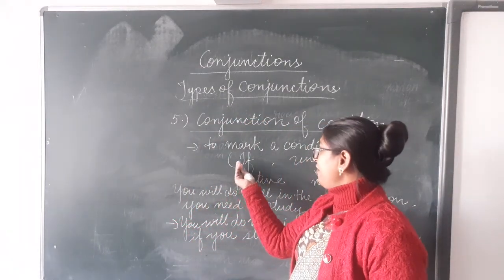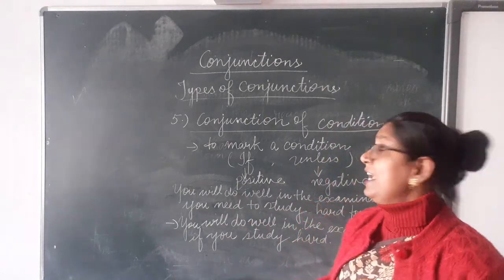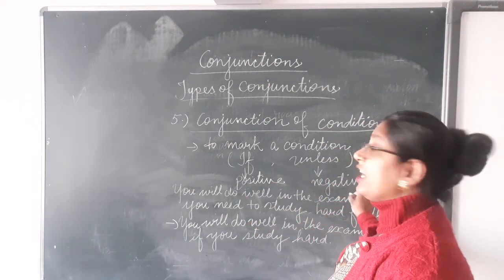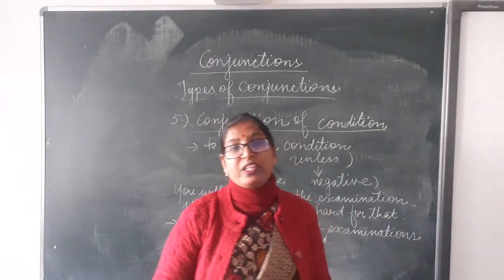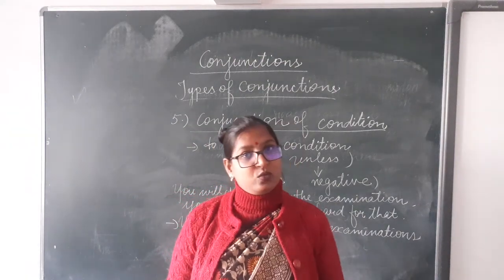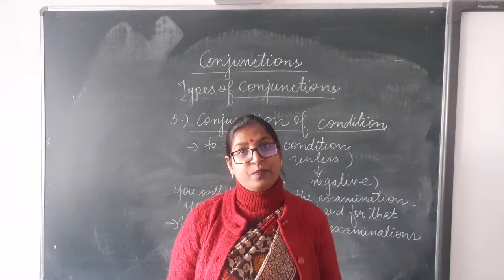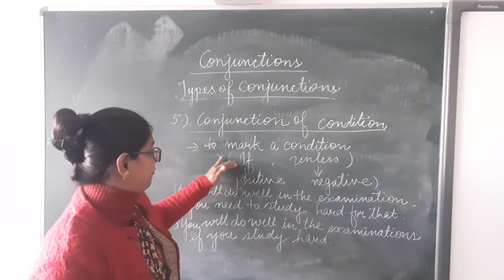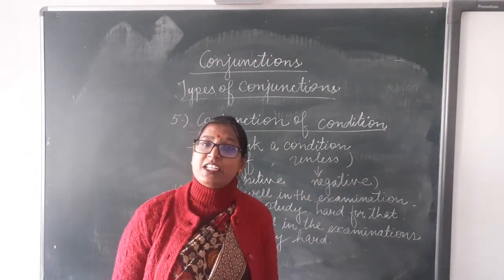We use if for the positive statements and unless we use for the negative statements. Clear? When there is a condition, if you do this, I will do this. Okay, there is a condition.